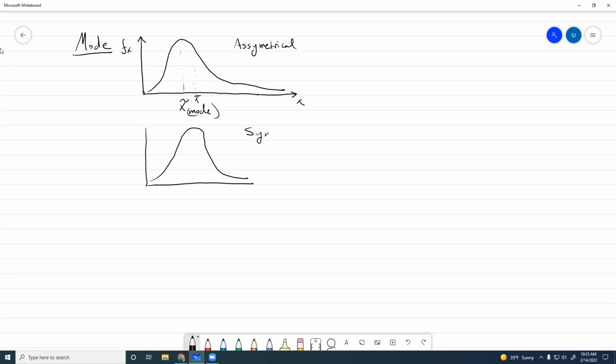I'm just going to call that symmetrical. You'll have to take my word for it. Here, the mode, the mean, and the median all line up. Okay.